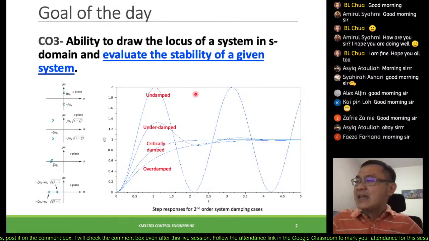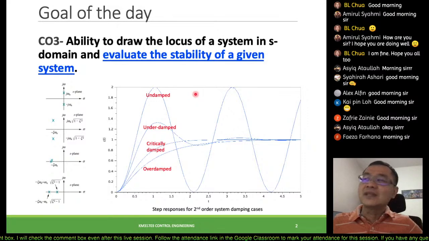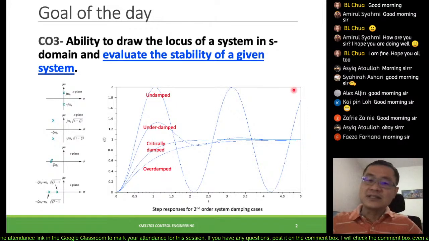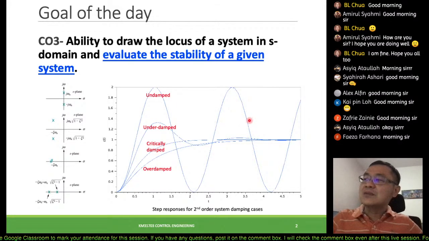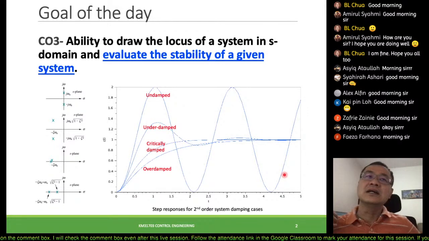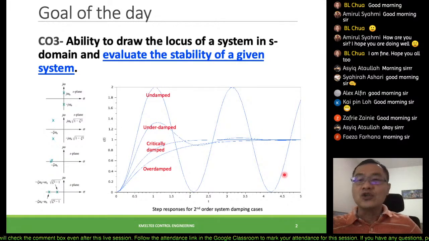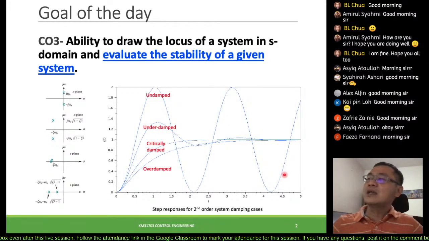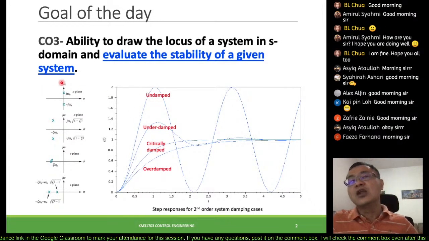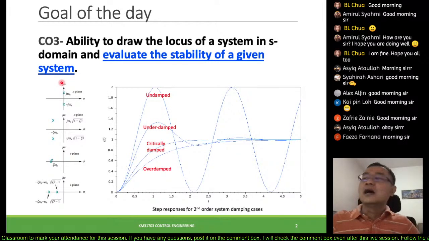The undamped situation is somehow still stable. But for an unstable system, the amplitude will continue to grow over time, which means we cannot control the final value of it. That's why stability is very important, and it is correlated with the locations of the roots on the S-plane, right?